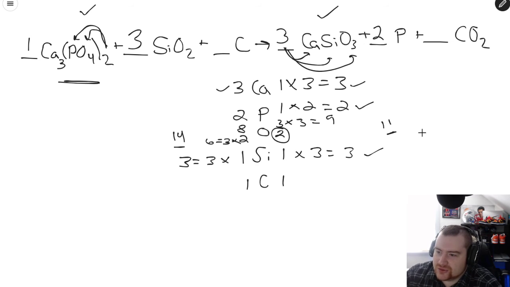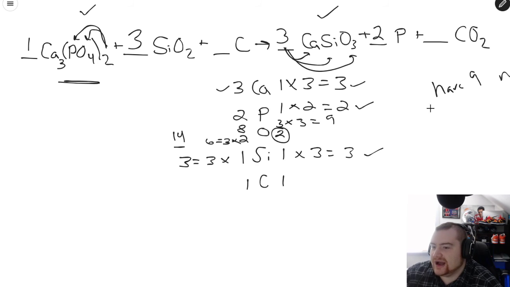So what I need to do is disregard this 11. I'm going to erase it, and I'm going to say, okay, I have 9 oxygens already, and I have 14 on the left. How many more do I need to get to 14? So I have 9. I need 14. I can only multiply something by 2 to get that.